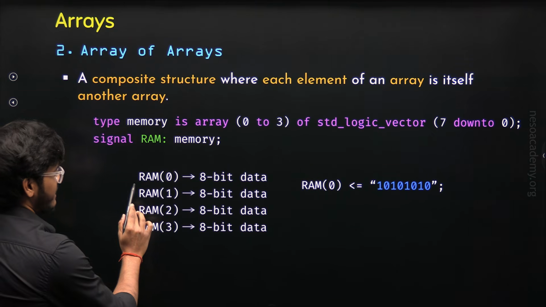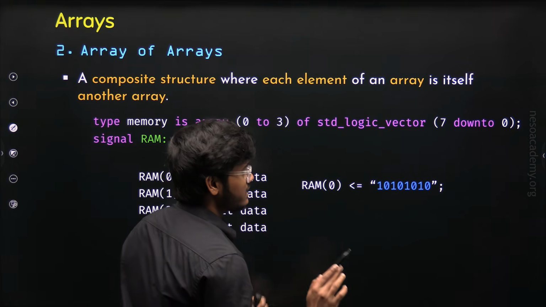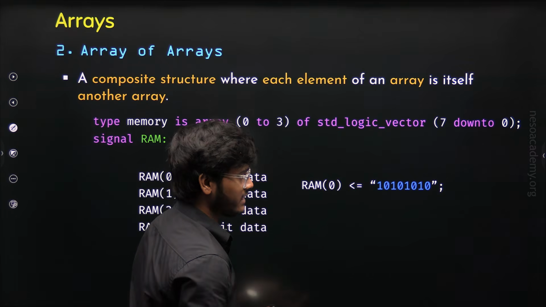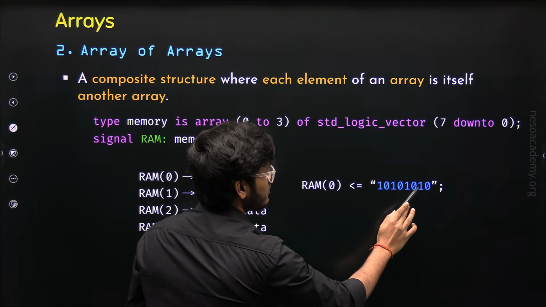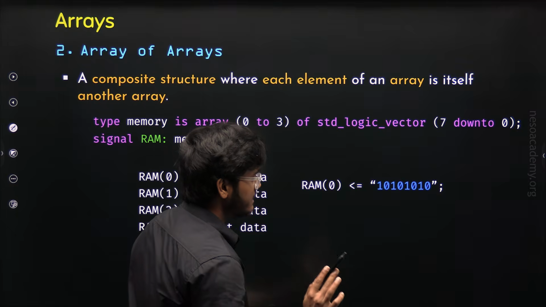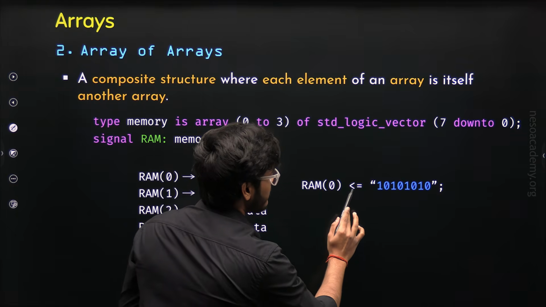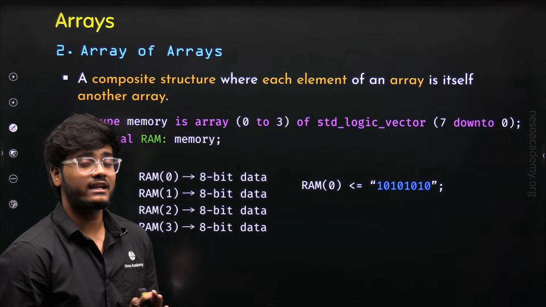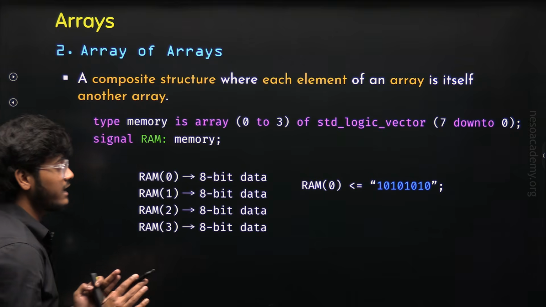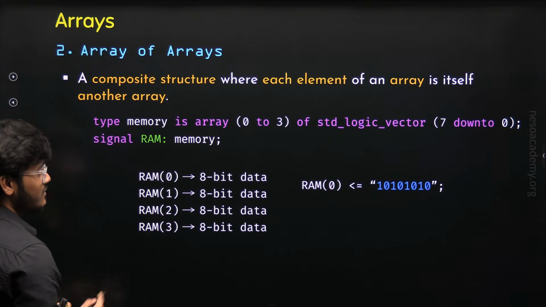First, I will access this RAM 0 array and assign a fixed 8-bit data, for example 10101010, inside this RAM0 array using the signal assignment operator. So I hope you understand how to assign a fixed 8-bit sequence inside any array.